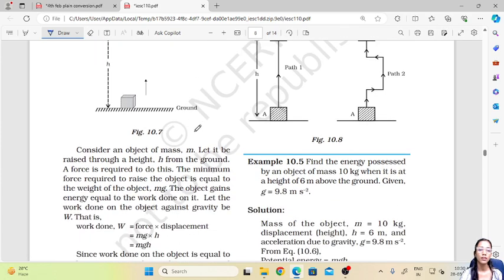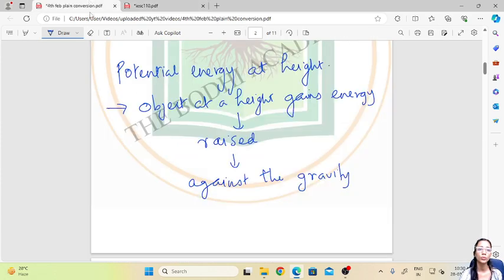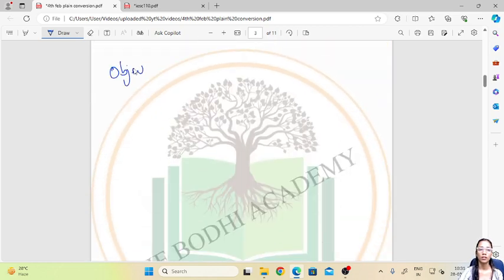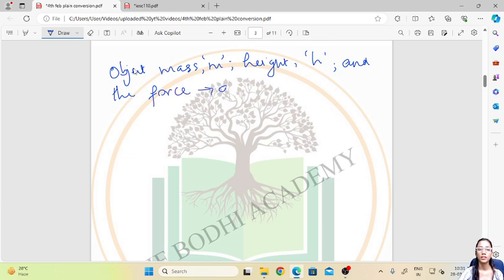Now consider an object of mass m which is raised to a height h, and the gravitational force is F, and we know that acceleration due to gravity is g.